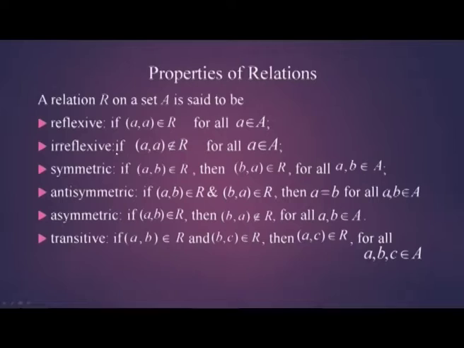But if it so happens that a is not related to itself for all a belonging to A, then we say that the relation is irreflexive. That is the second property that we are considering here: irreflexive if (a, a) is not in R for all a belonging to A.